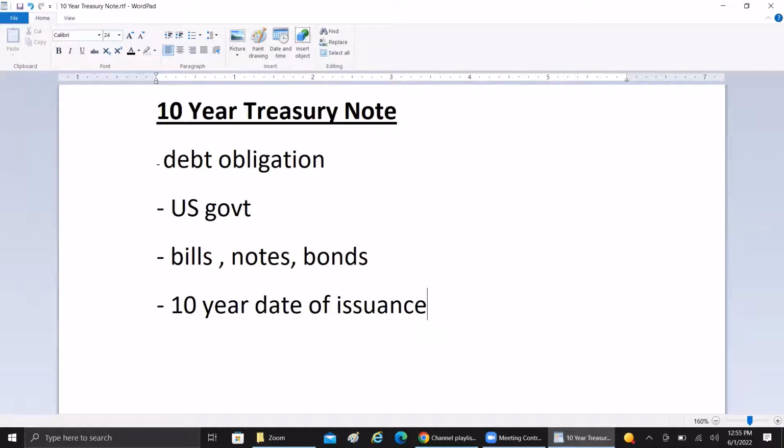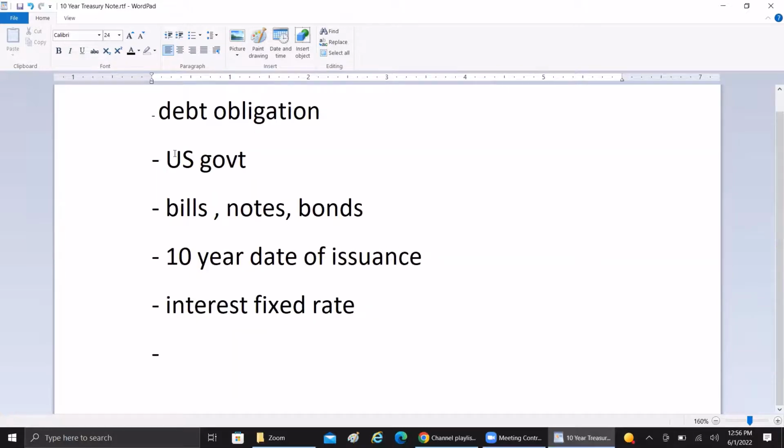And how it will be repaid is, it is going to pay interest at a fixed rate. The frequency is once in every 6 months, so in a year, 2 times it will be paid. So for 10 years, 20 times the interest will be paid to the party.